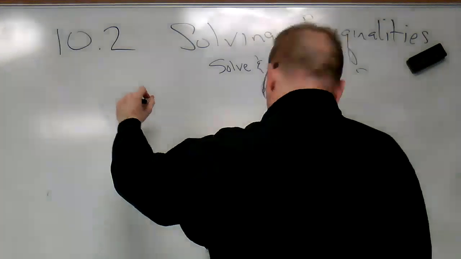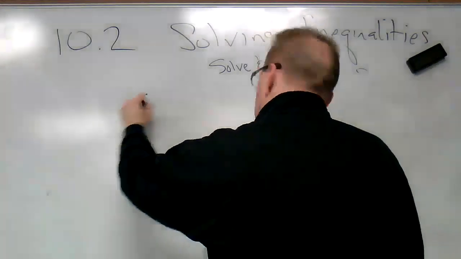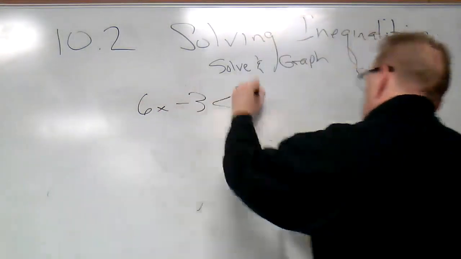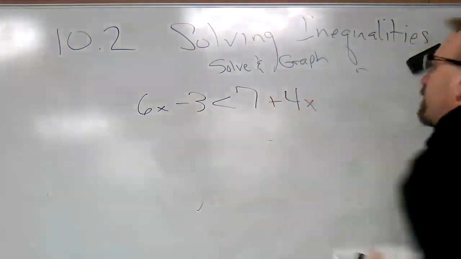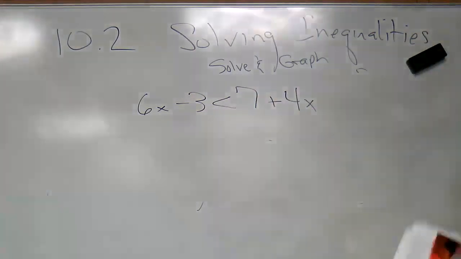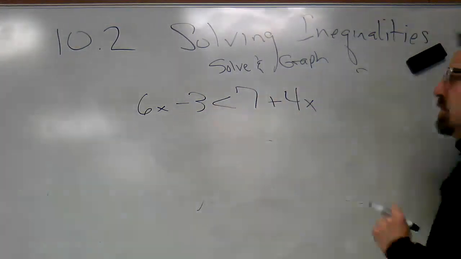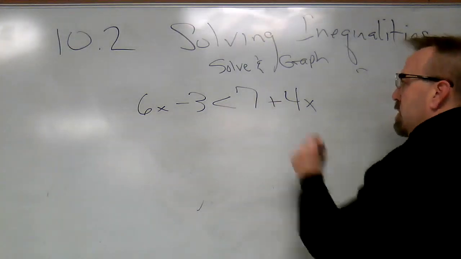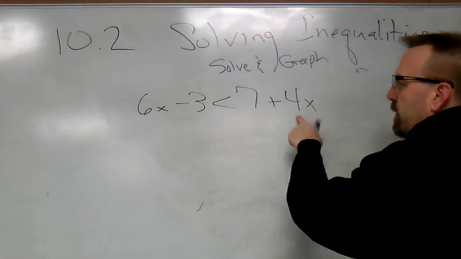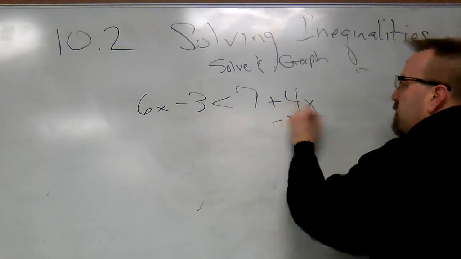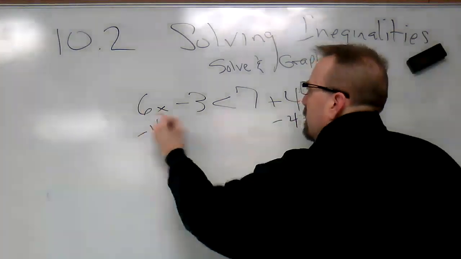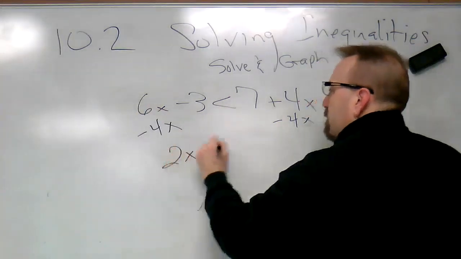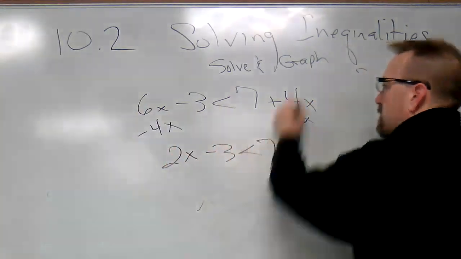So let's throw in one that's a little bit more difficult. Okay, so we have variable on both sides. Find the smaller one, 6x or 4x, which is smaller? 4x, so we want to move it by doing the opposite. So subtract 4x from both sides. 2x minus 3 less than 7 goes away.